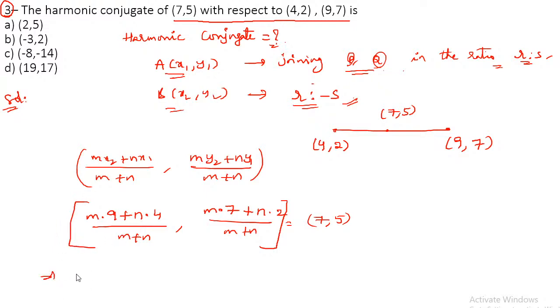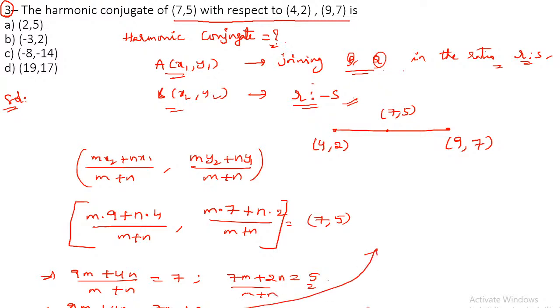So now (9m plus 4n) by (m plus n) is equal to 7 and (7m plus 2n) by (m plus n) is equal to 5. This implies 9m plus 4n is equal to 7m plus 7n and 7m plus 2n is equal to 5m plus 5n.